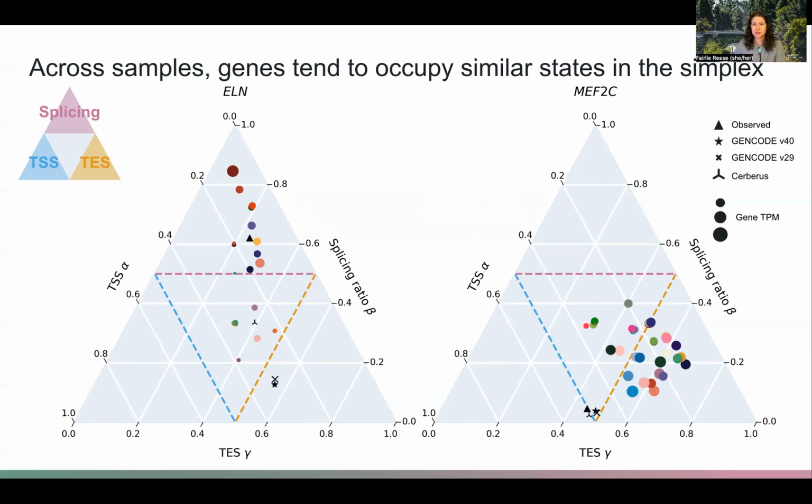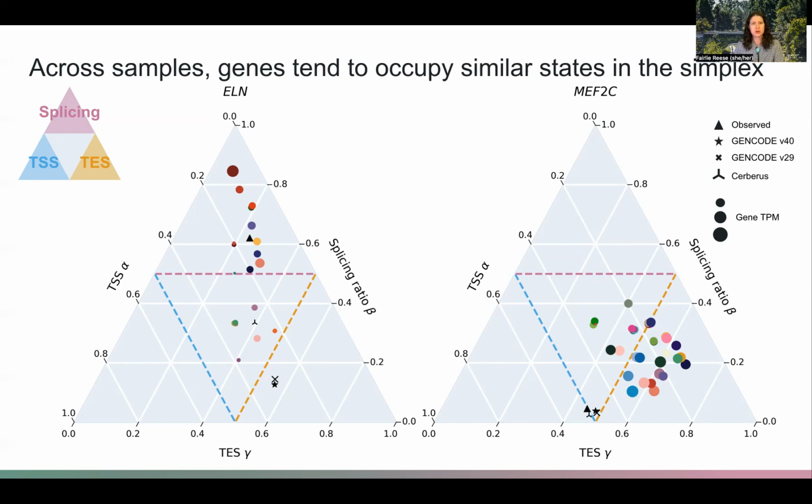Contrast this with MEF2C, where most of the samples that it's expressed in exhibit a high degree of alternative TES usage, which is consistent with the example that I showed earlier, which resulted in that truncated MEF2C isoform.